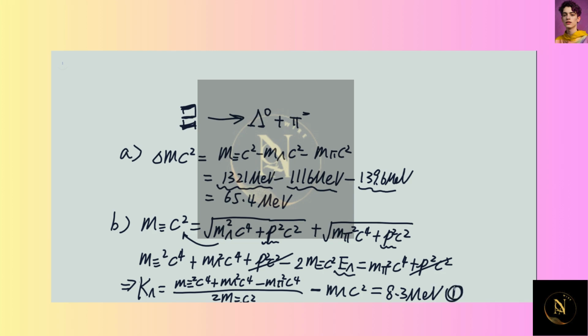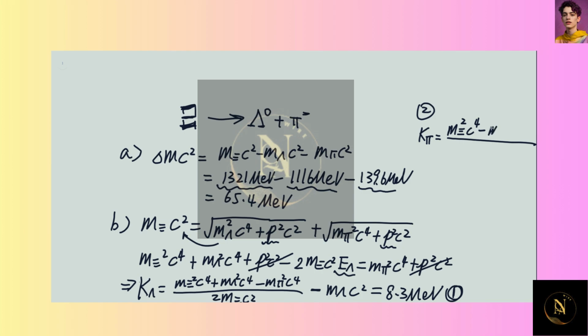So this is our equation. The equation for the pi can be defined similarly. You don't even have to write this equation, you can just write it down because it is symmetric.